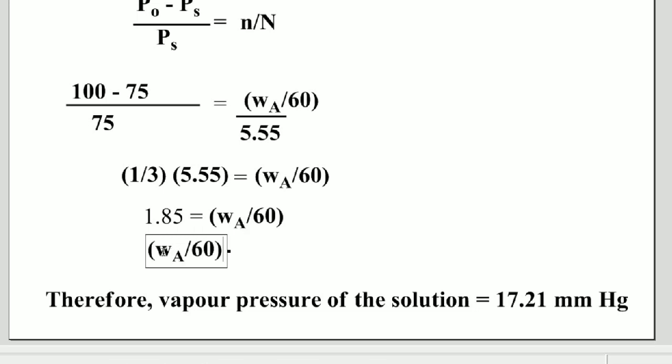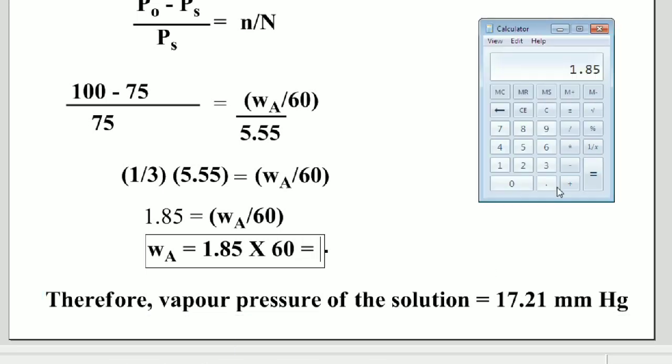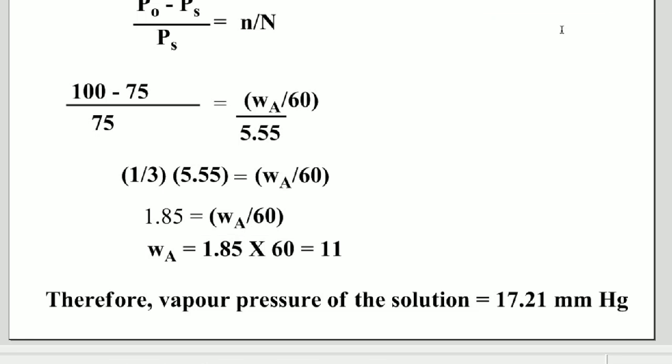That implies Wa is equal to 1.85 into 60, which gives us 111.